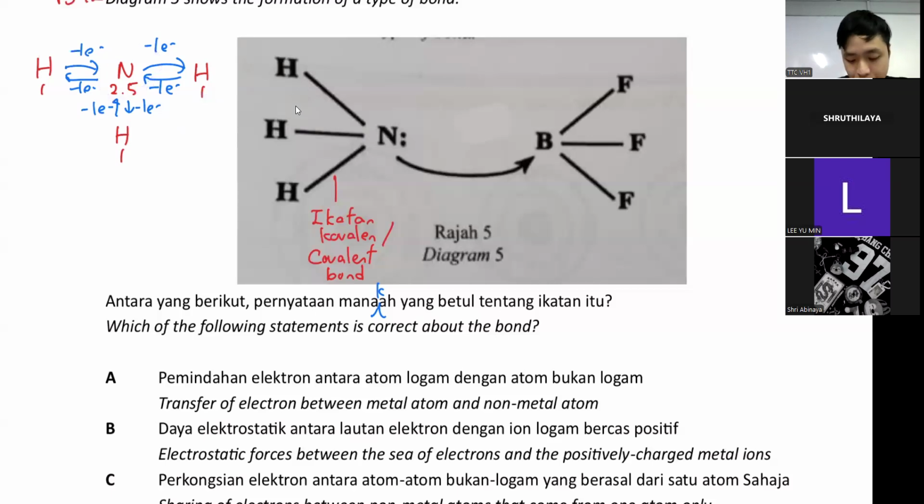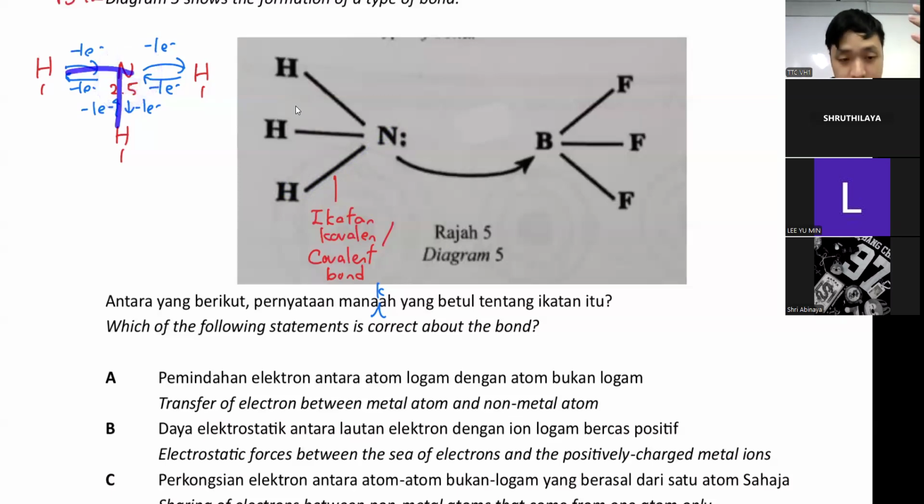Now you see, this is normal covalent, with a contribution from each atom. I contribute 1 electron to share, H contributes 1 electron to share. Both sides contribute electrons to share. So in this case, N has 5 valence electrons.